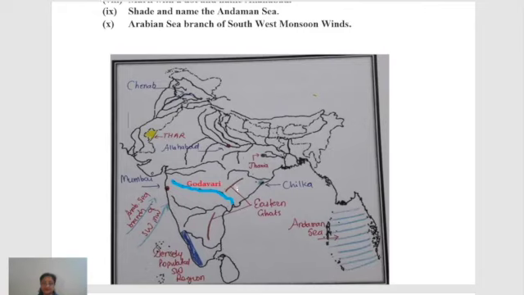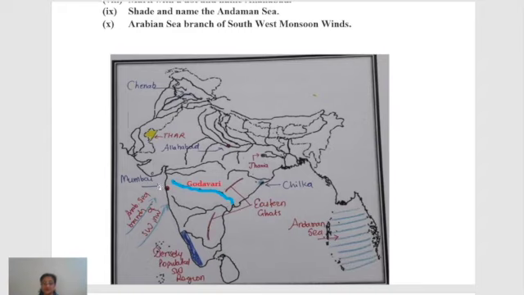But in this you will find small parts are there, okay? So the same way you have to show it here. And Eastern Ghats are not along the coast. There is a wide coastal plain left in between the Eastern Ghats and the eastern coast of India. So you have to always keep that in mind.